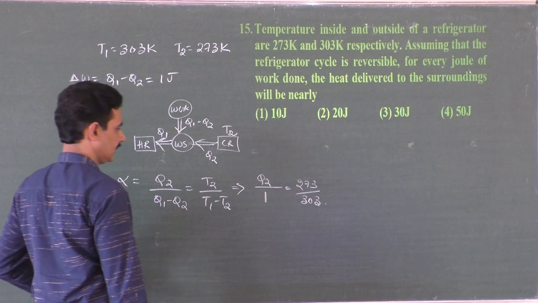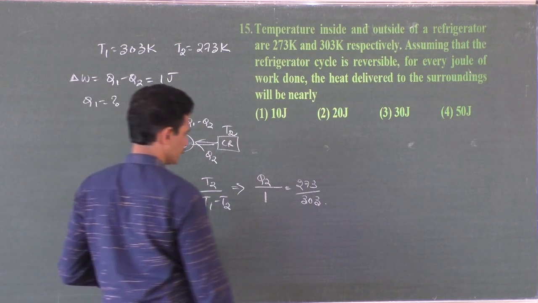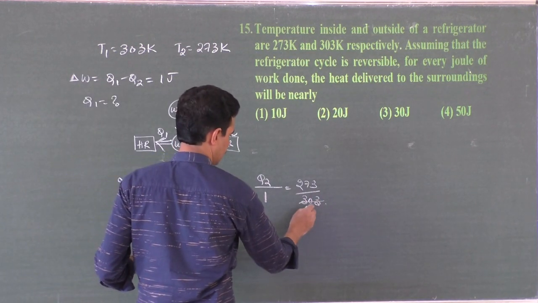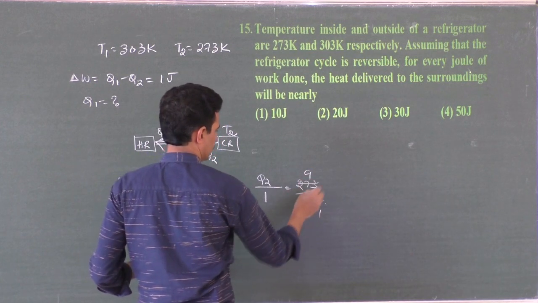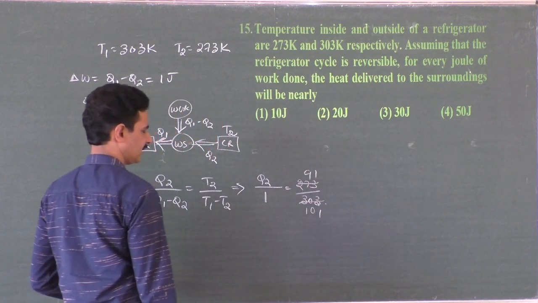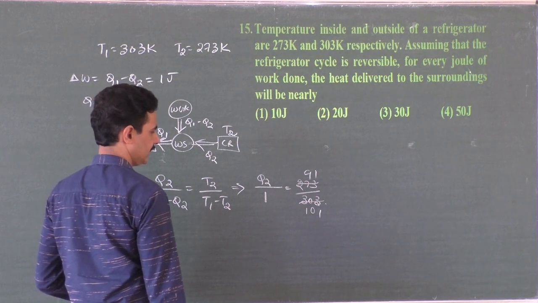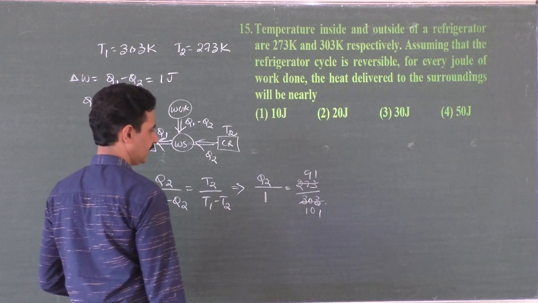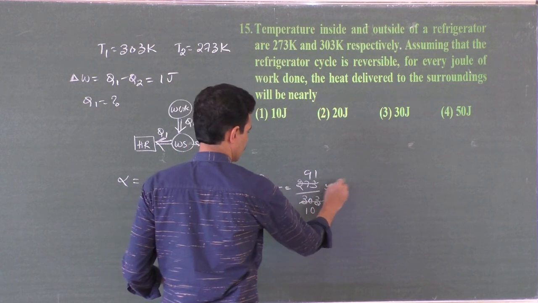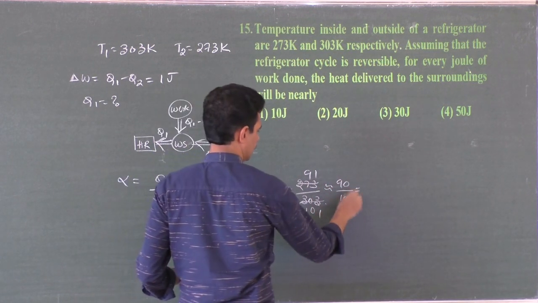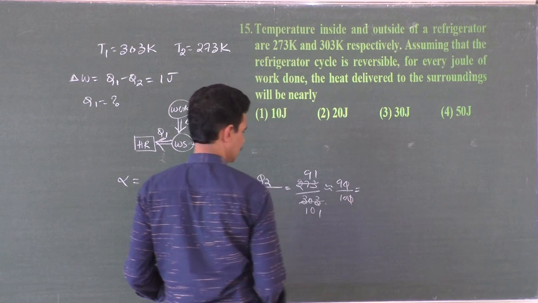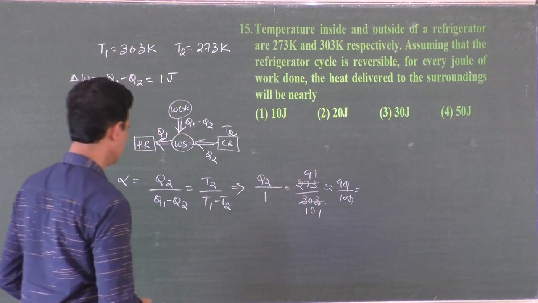So 273 over 303 can almost be written as 90 by 100, that is 0.9, 9 by 10.